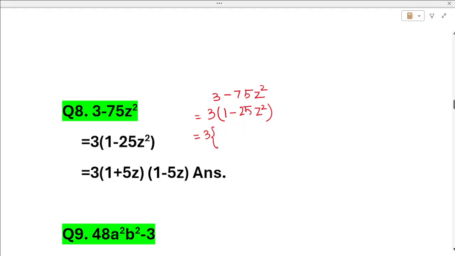Suppose I put in this bracket 1 square minus 5z square, correct? So now this will become 1 minus 5z and 1 plus 5z. Okay, so this is your answer.